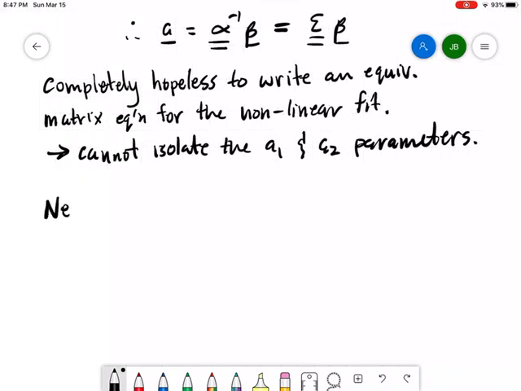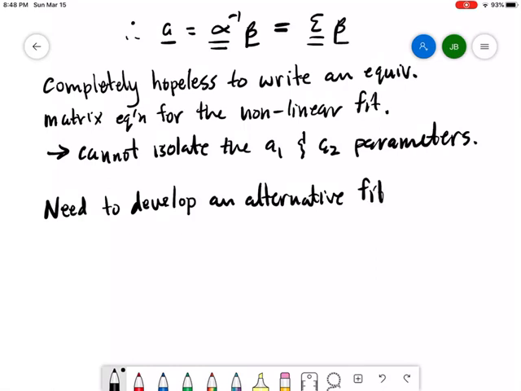So we need to develop an alternative fitting method for nonlinear functions.